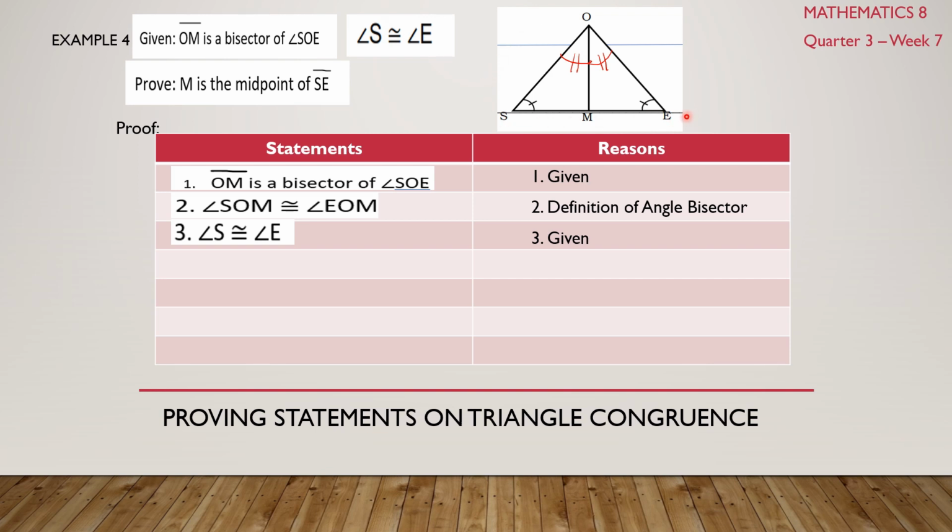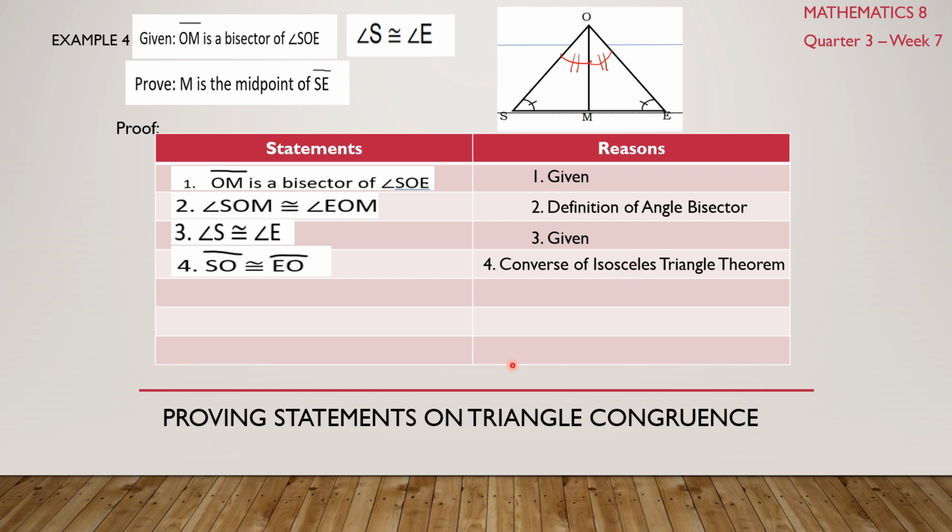And kung ang angle S at angle E ay congruent, at ito ay an isosceles triangle, ibig sabihin, ang kanilang opposite sides ay congruent din. So, meaning, side SO is congruent to side EO by converse of isosceles triangle theorem.